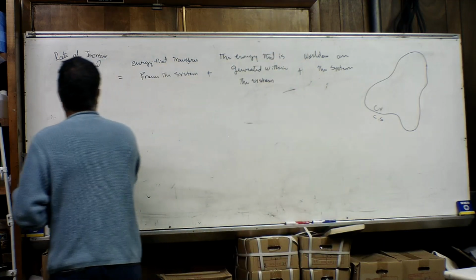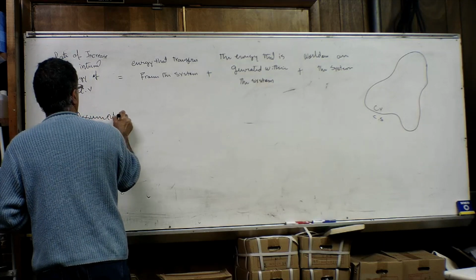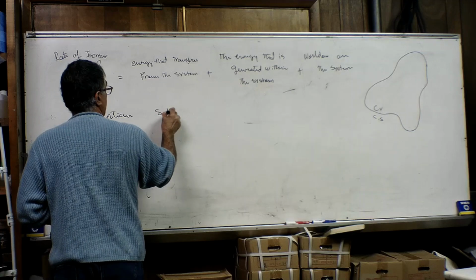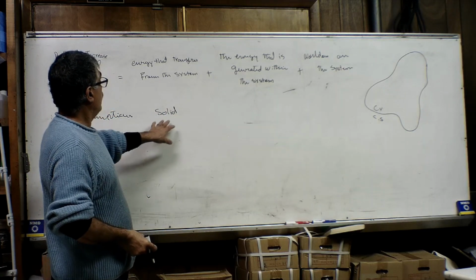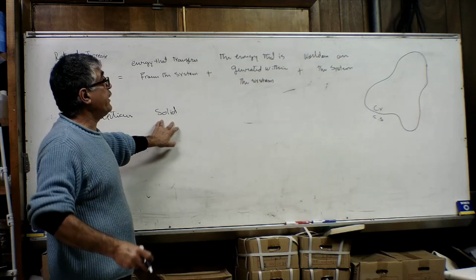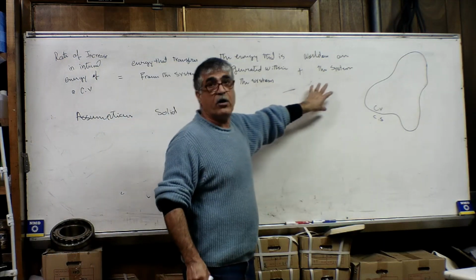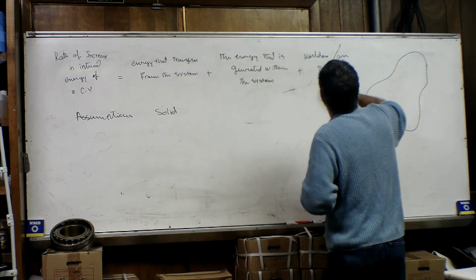So our first assumption is our system is solid. Since our system is solid and it's not a fluid, it's not a gas, this portion of the energy equation will be 0.